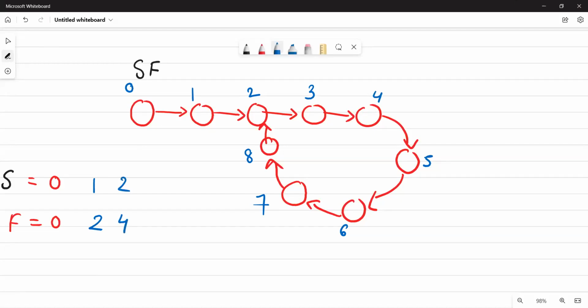Next. Fast will be at 6, and slow will be at 3. Next, fast will be at 8 and slow will be at 4, then slow will be at 5. Here this will be at 3 again.